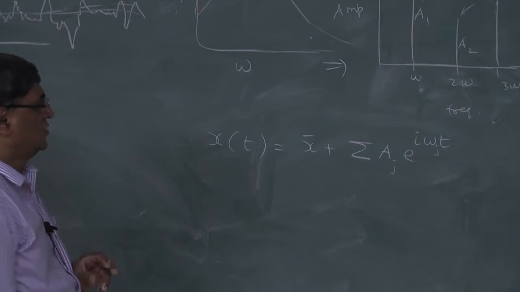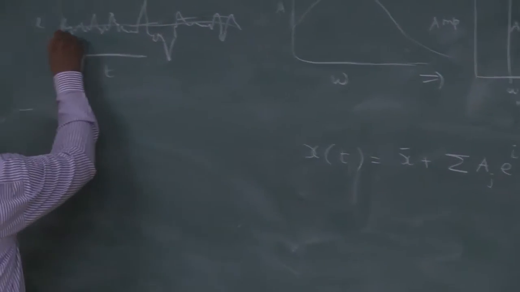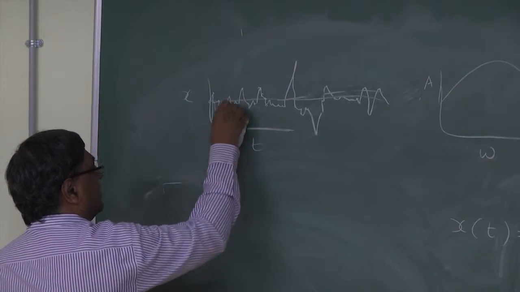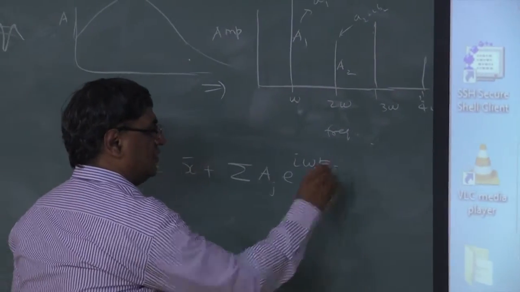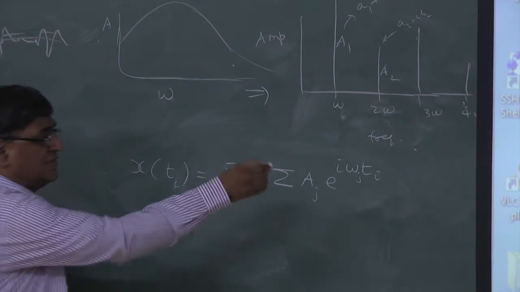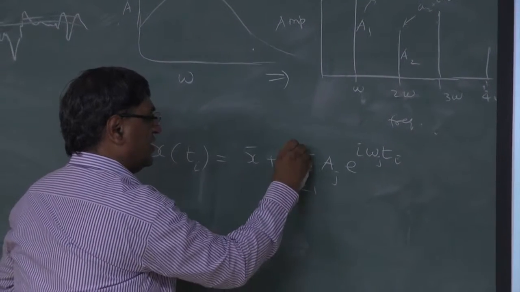At every time at which we have measured the data, we will have to put that time, which you can call Ti. And this is a summation over j going from, let us say, 1 to infinity.